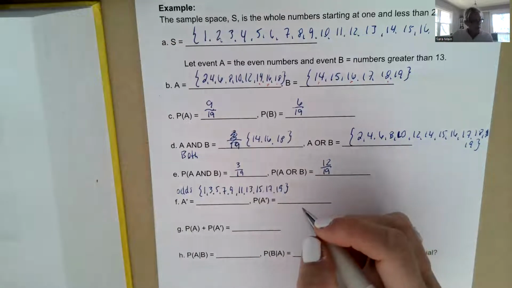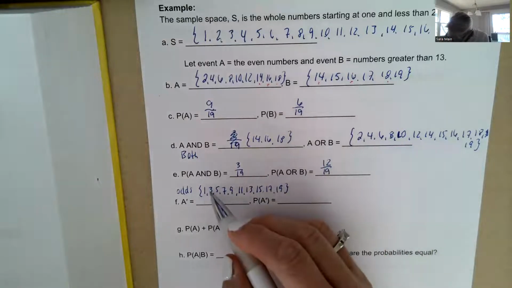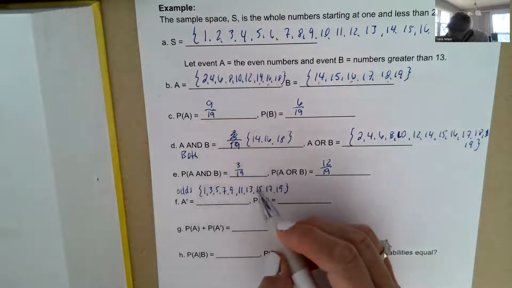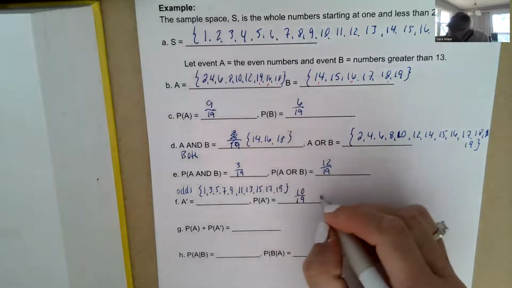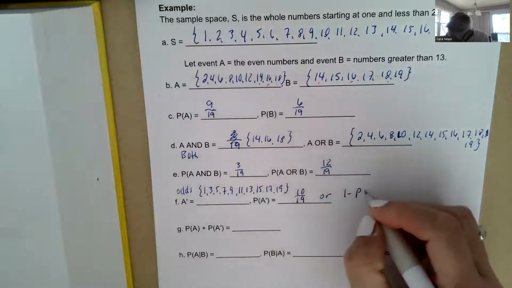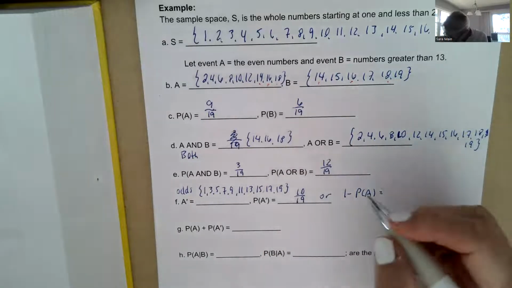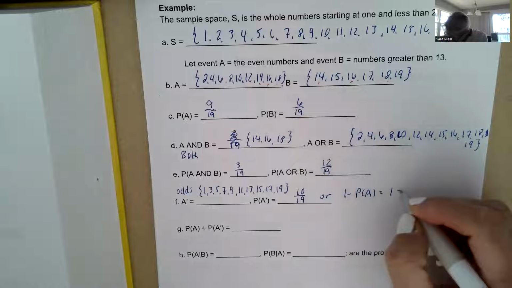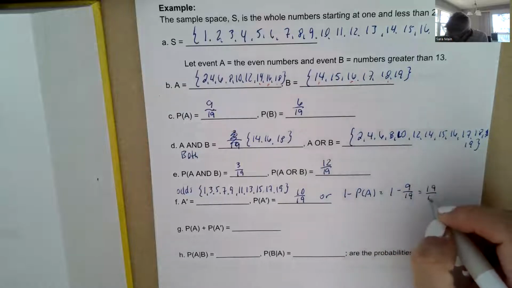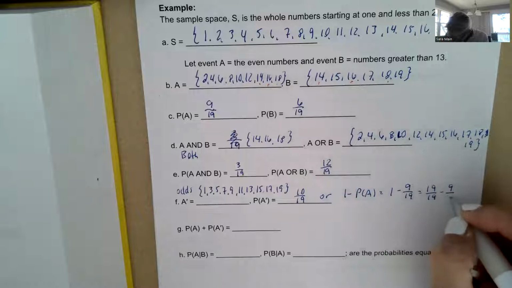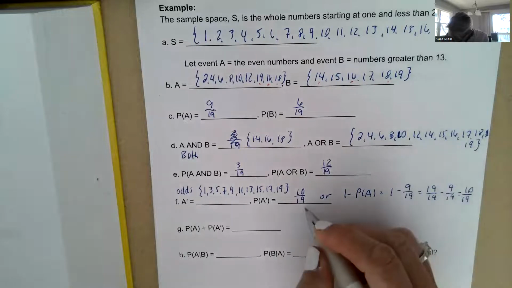And so the probability of A prime would be 1, 2, 3, 4, 5, 6, 7, 8, 9, 10, 10 over 19. Or we could do 1 minus the probability of A, because that should also equal A prime. And that would be 19 over 19 minus 9 over 19, which would also get us 10 over 19.